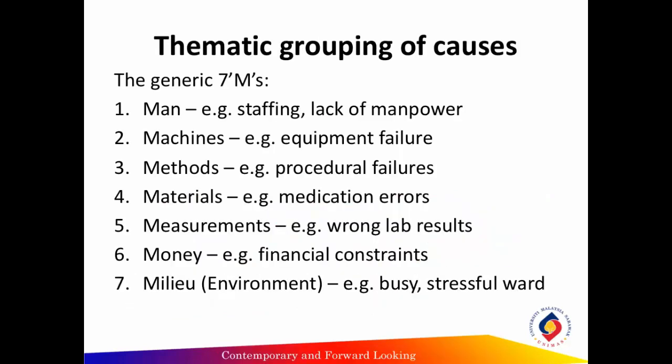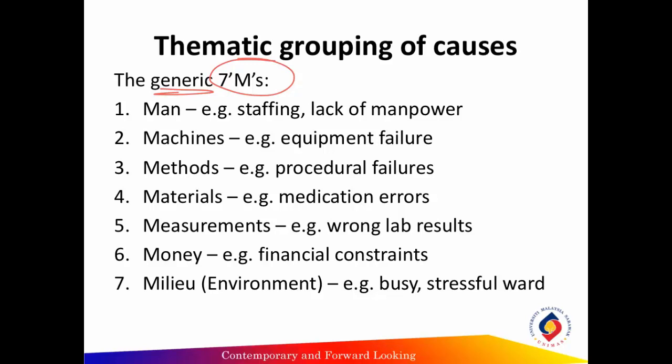Now there are many ways of grouping the various causes. One thematic grouping of causes is through the use of the generic 7 M's. It is generic because the 7 M's approach is also used in other disciplines such as in engineering and aviation industries.